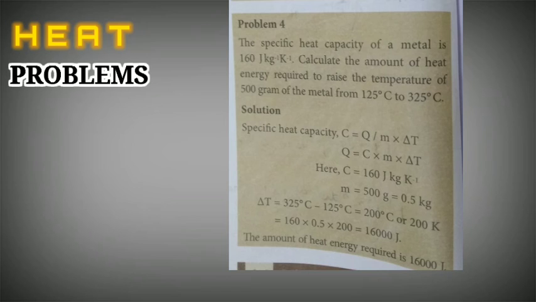Fourth one, the specific heat capacity of a metal is 160 joule per kilogram per Kelvin.